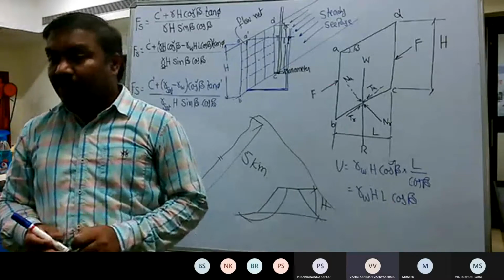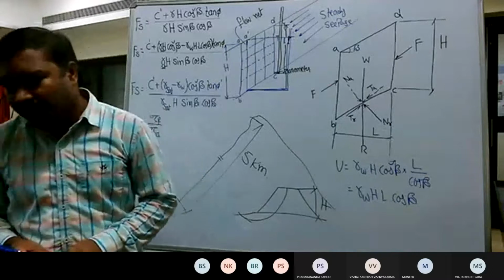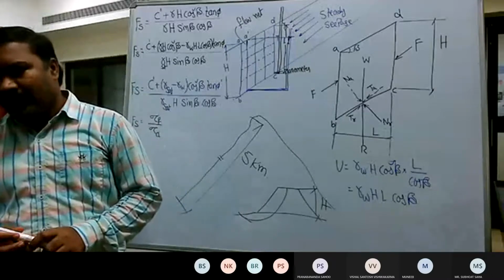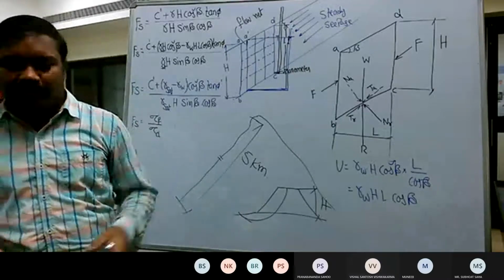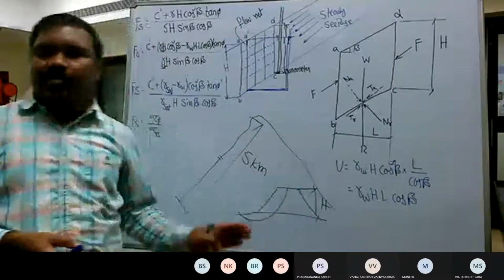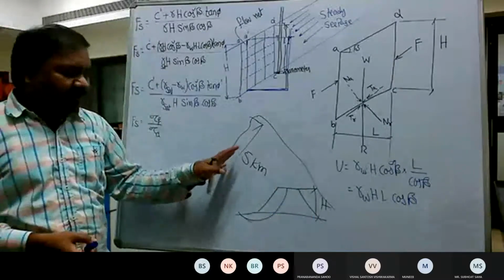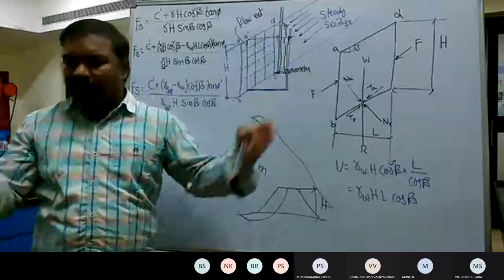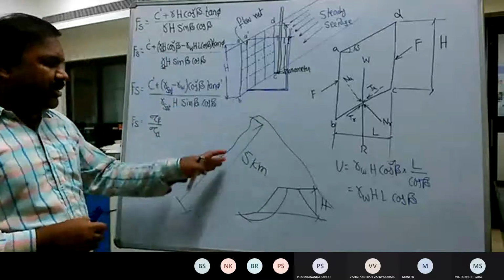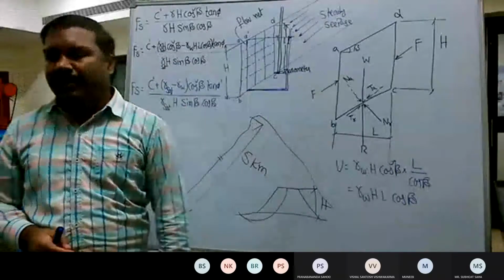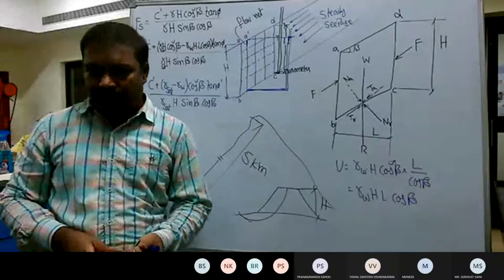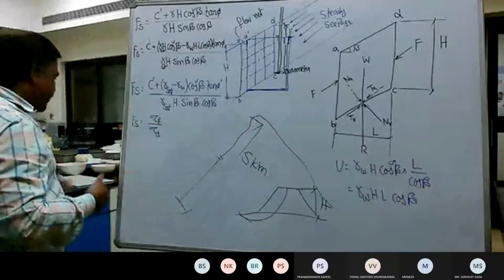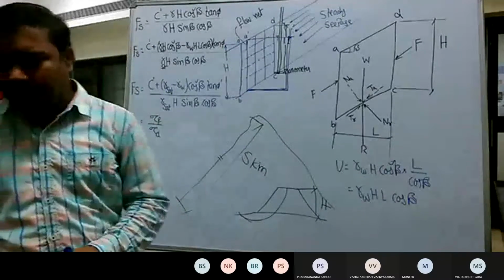It's not infinite, it's finite only, but we don't need to consider that width. So that's why we always take unit width. In one direction we take 1 meter, in the other direction we take some definite width. Okay, good. Any other question?